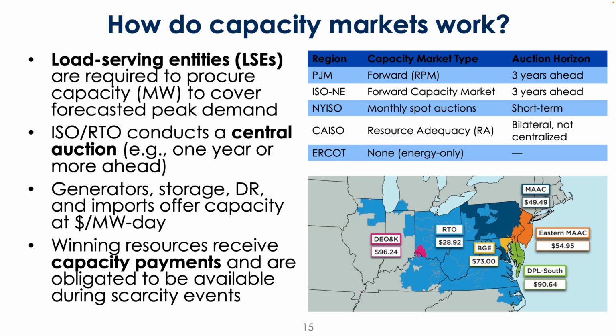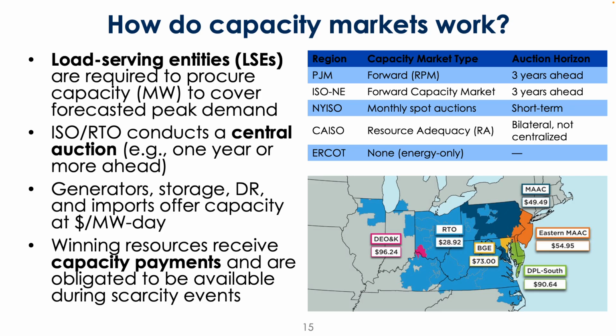These guys will conduct what's known as a central auction. That could be 1 year ahead, that could be multiple years ahead. Here's a little table that gives us a breakdown on what those auction horizons look like. And we're going to talk specifically in an example of how that works in a second.